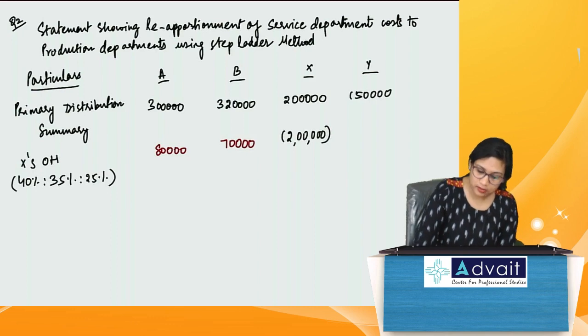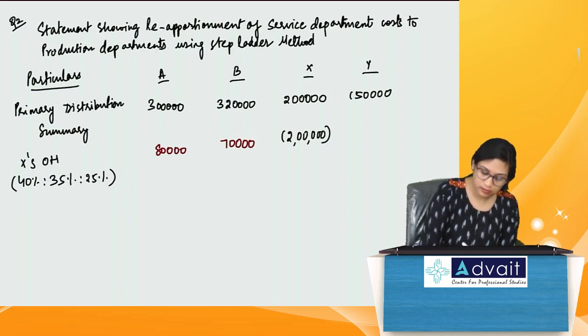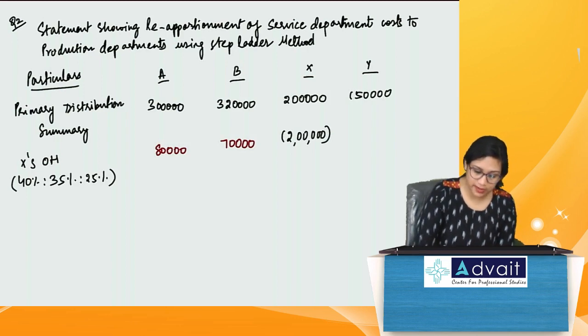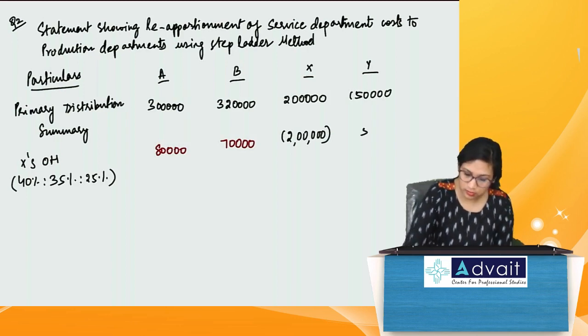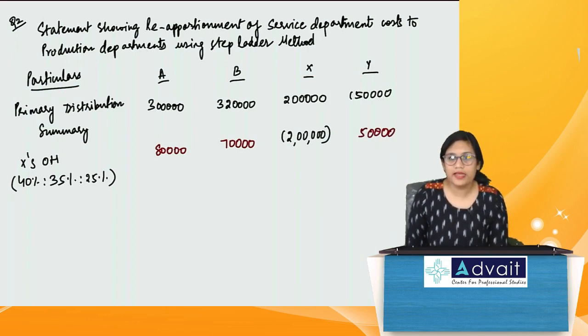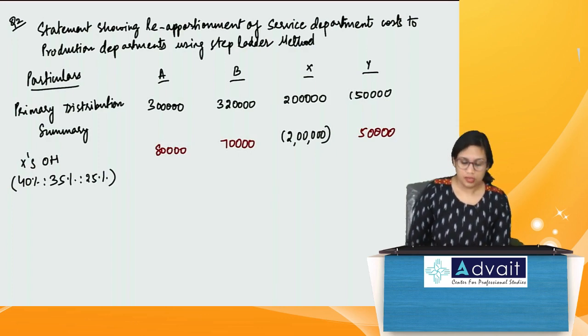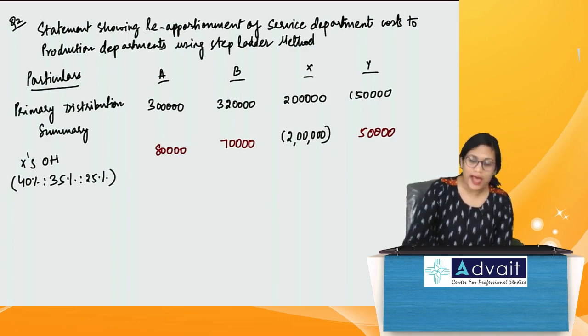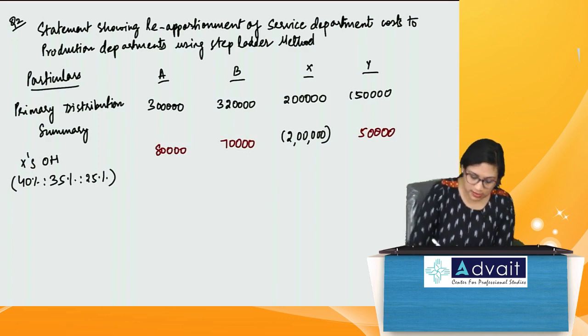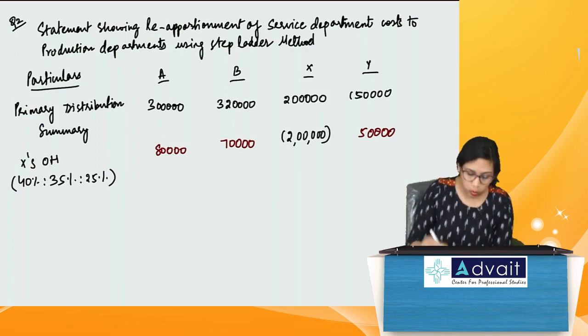And third one, 25%, will be 50,000. So 80,000, 70,000, 50,000. So 2 lakh is done. Next, now I will distribute Y.